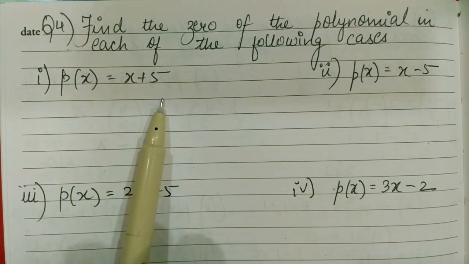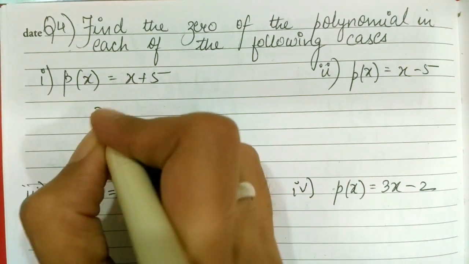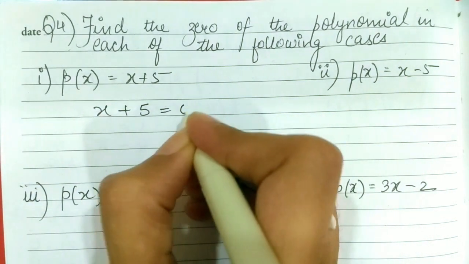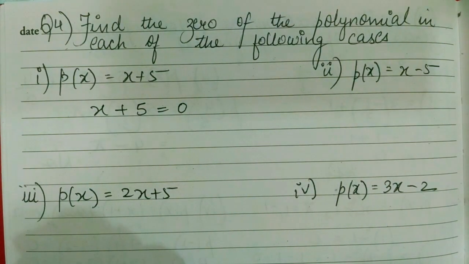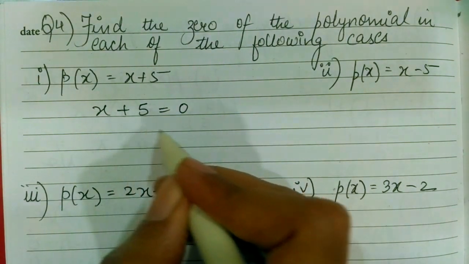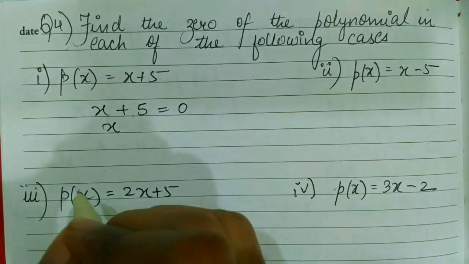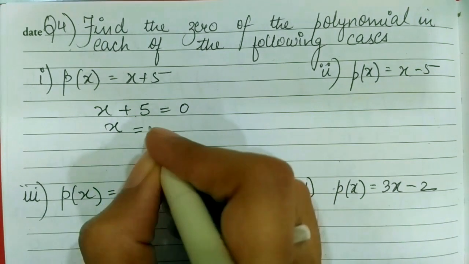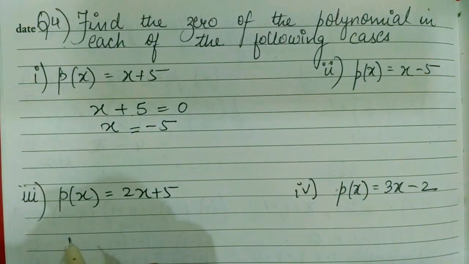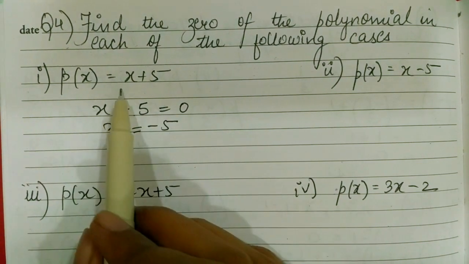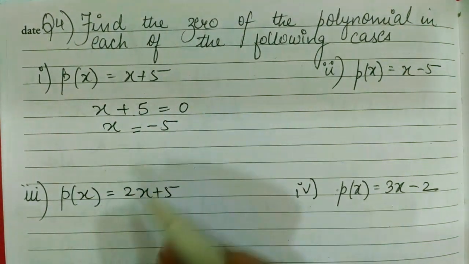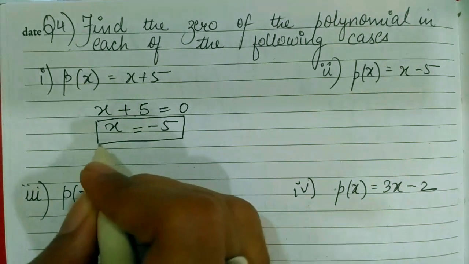So what we are going to do is, we start by assuming that we will get the answer as 0. On changing the side from RHS to LHS, the sign will change from positive to negative. So the value at which this polynomial will become 0 is x equals minus 5.